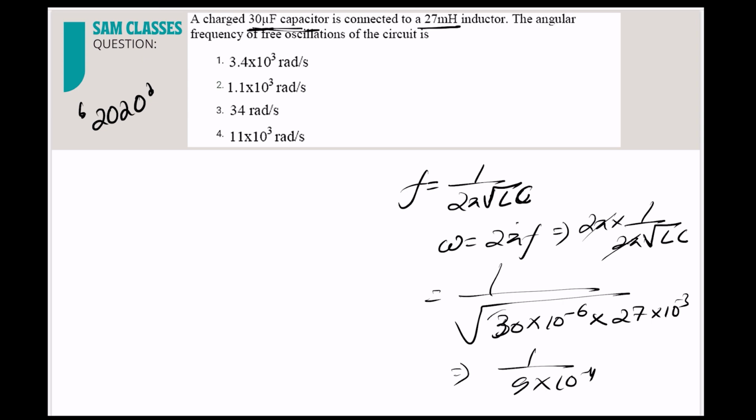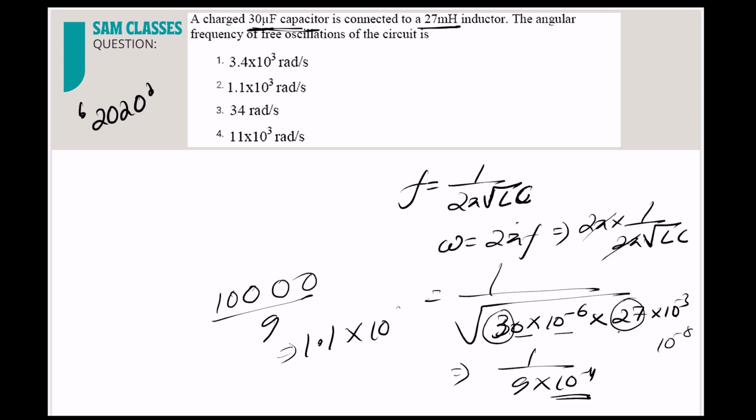See, 27 into 3 is 81, so 9 will come out. The powers give 10 power minus 8, so directly 10 power minus 4. So it is something about 10,000 by 9. You'll get 1.1 into 10 power 3 radian per second. Clear?